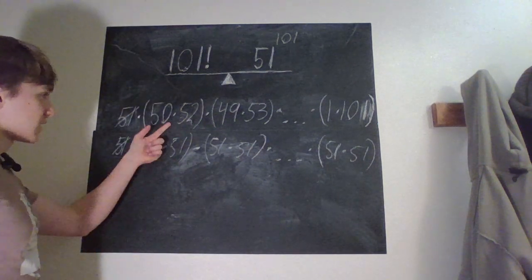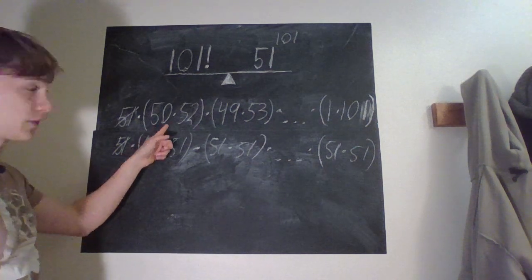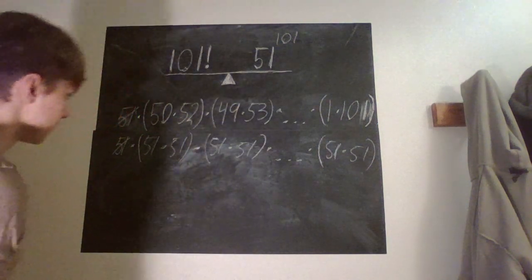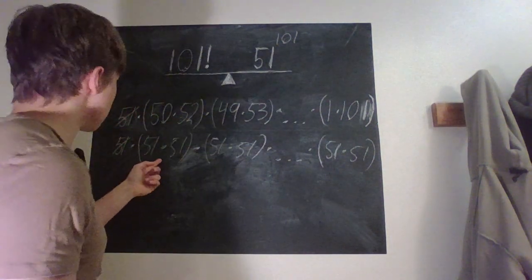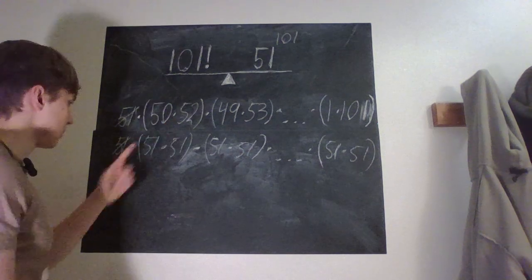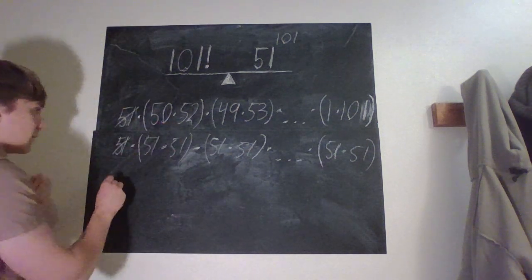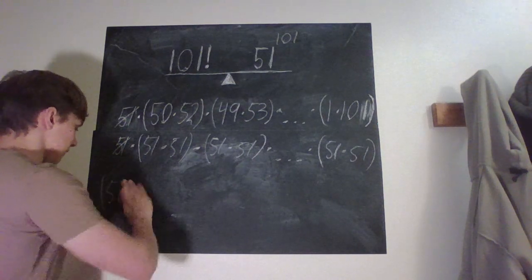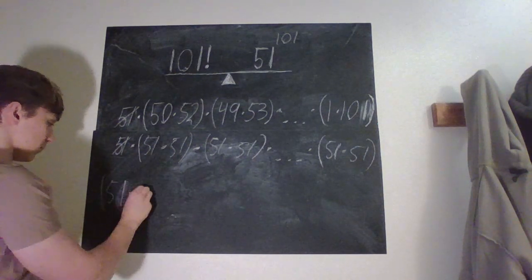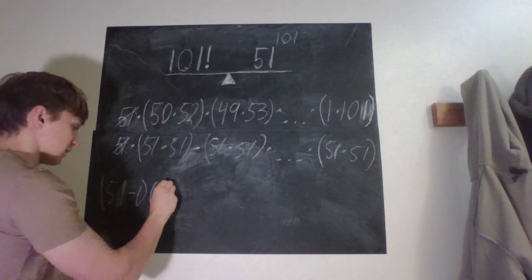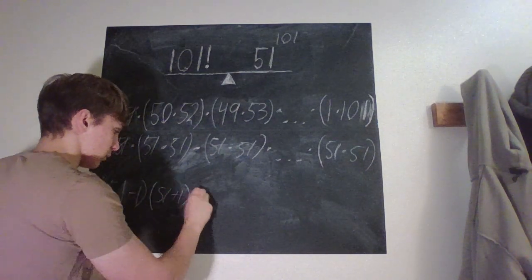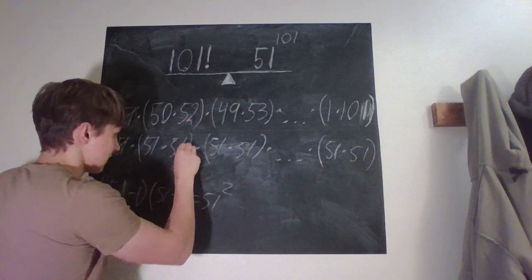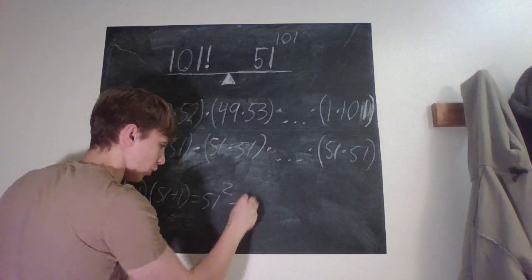But now if we look at this, what is bigger, 51 squared or 50 times 52? If you know your conjugate rule, then you would say that this is actually 1 smaller, because this thing here is 51 minus 1 times 51 plus 1, which is equal to 51 squared minus 1 squared.